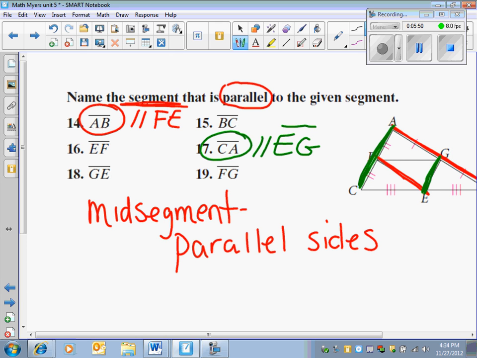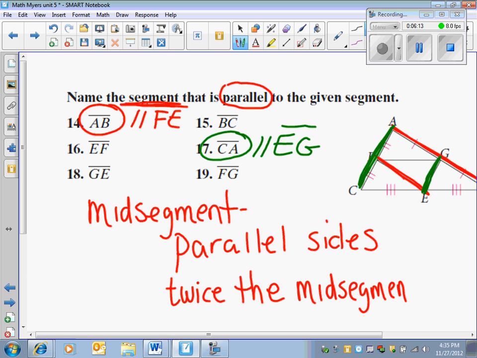And we're definitely going to see a relationship between the mid-segment and the third side: twice the mid-segment equals, let me write it down here, the long side.